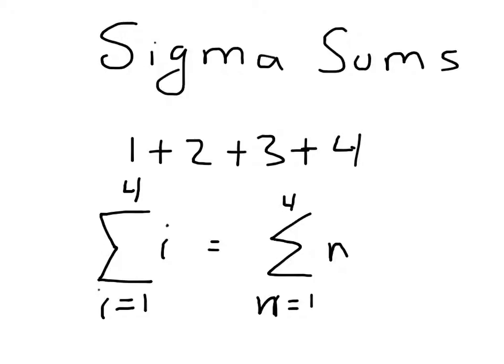Now let's go to the next page and have a little look. So I gave you this term, which is sigma of i equals 1 to 4 of i. Now let's take a look at what this all means. The first thing is on the bottom here, we have our starting counter. And i is the letter we use to follow the counting.